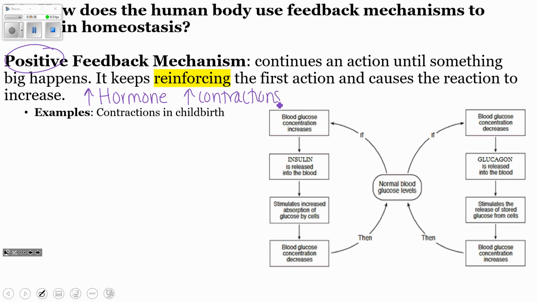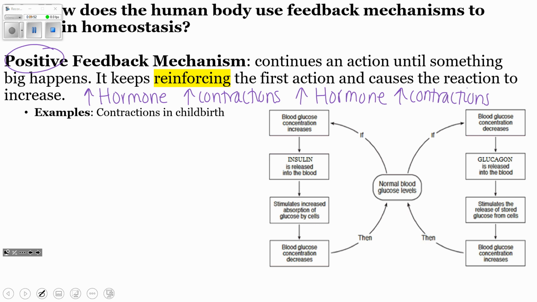When you have more contractions, you then produce more of that same hormone that you initially produced, which in turn leads to more contractions. That is positive because you have a plus, a plus, a plus, a plus. The two of them are related to one another in a direct relationship.